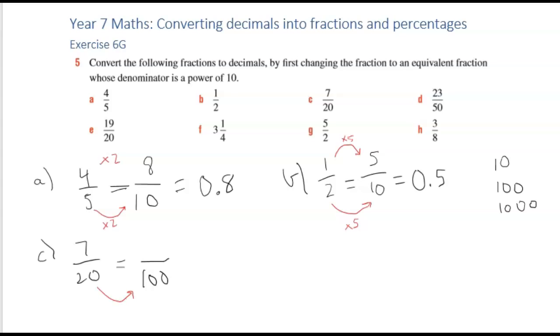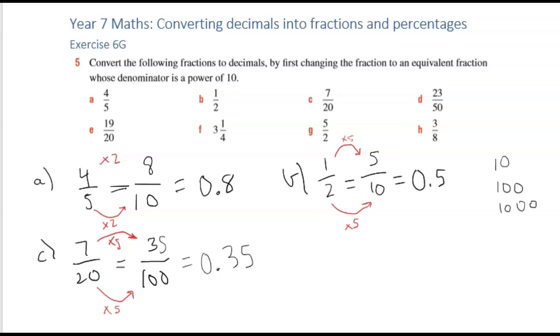What do I multiply 20 by to get to 100? Multiply it by 5. Don't get confused with the previous question. So 7 times 5 is 35. That means I've got 0.35 or 35 hundredths.